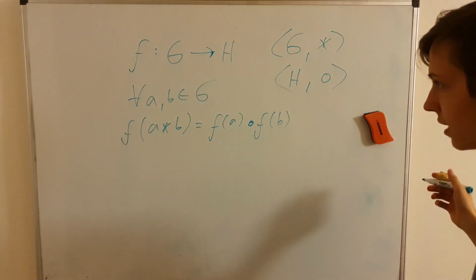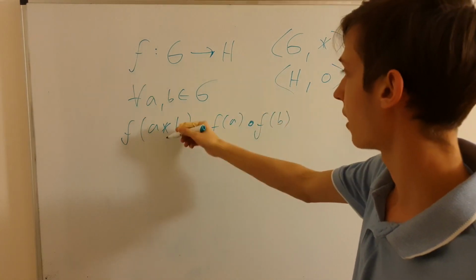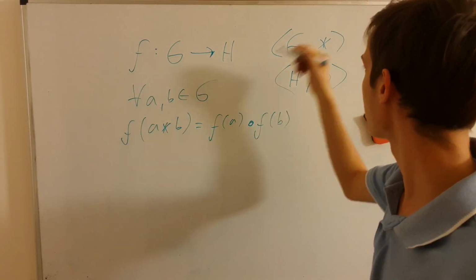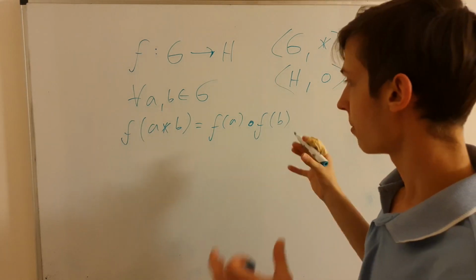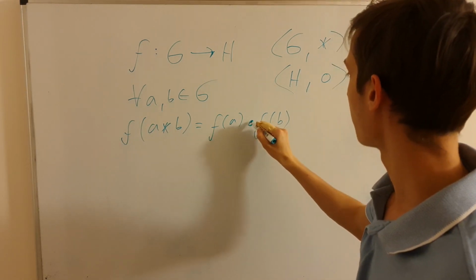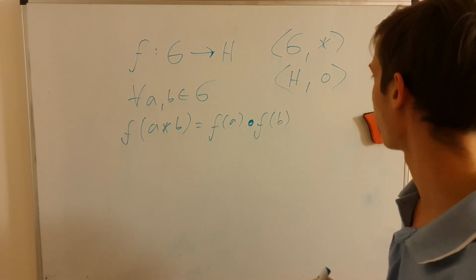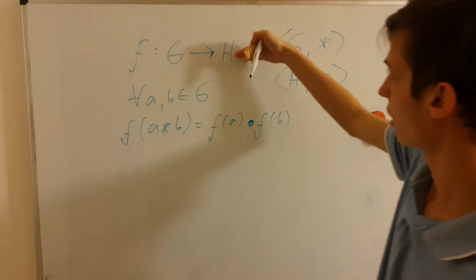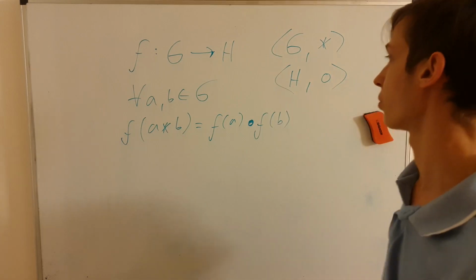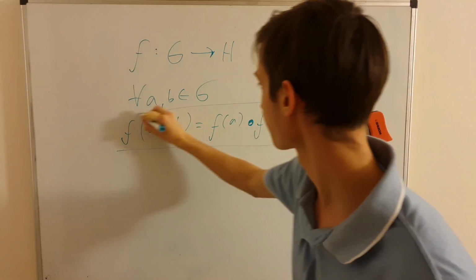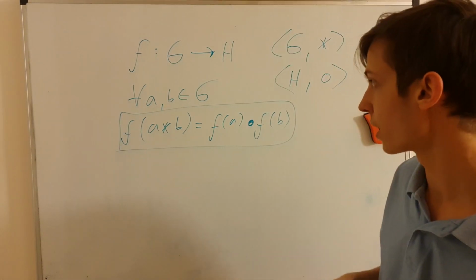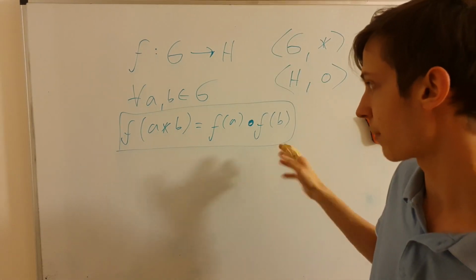So basically, f of elements a, b from G under G's operation equals f of a and f of b in another binary operation, using this operation circle which belongs to the group to which it goes. So this is the equation that basically describes homomorphism.